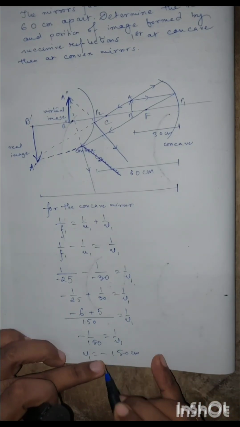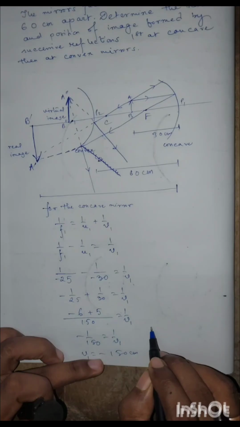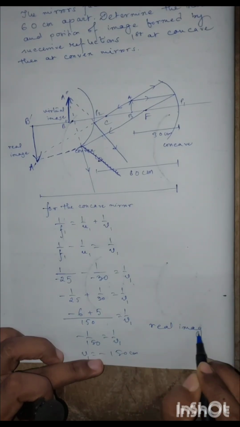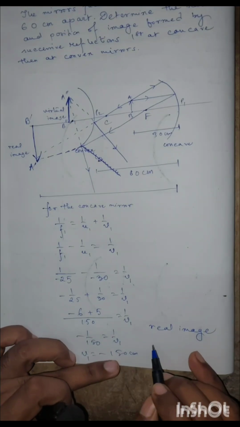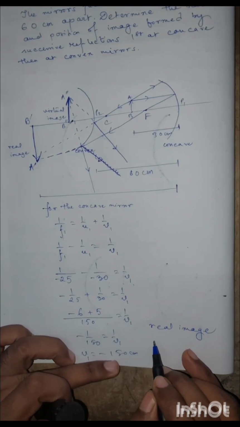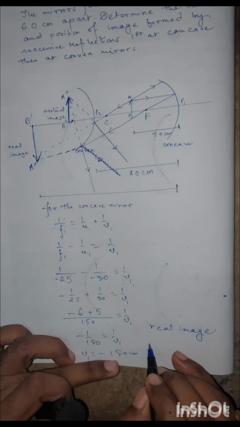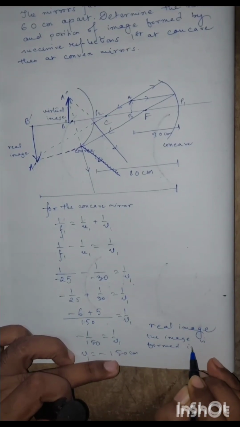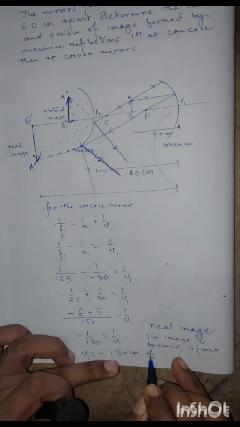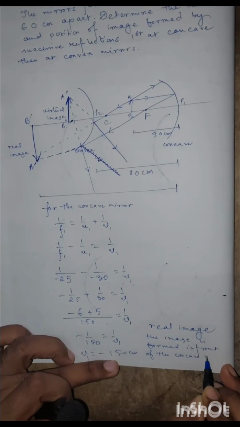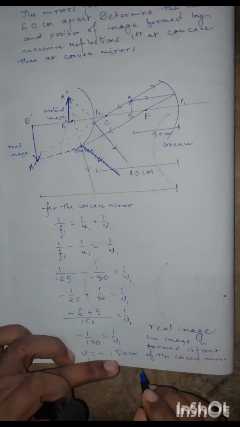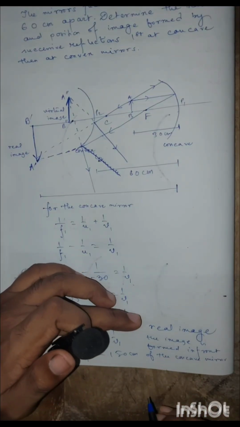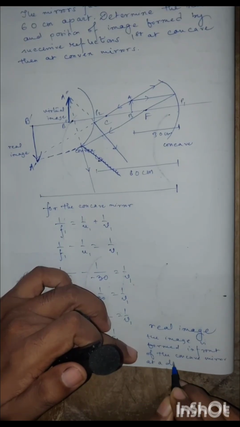So the minus sign tells us that the image is a real image, and the image is formed in front of the concave mirror at a distance 150 centimeter.